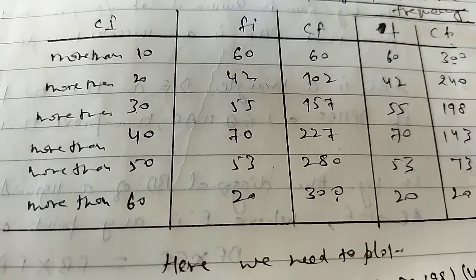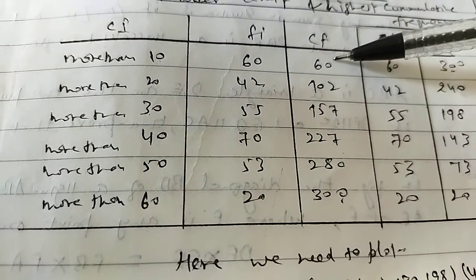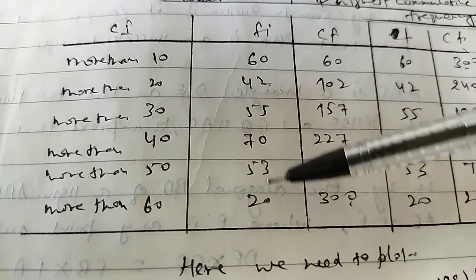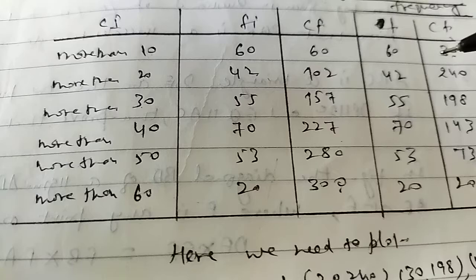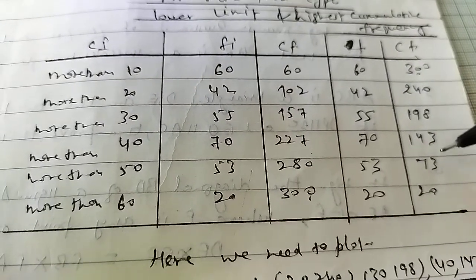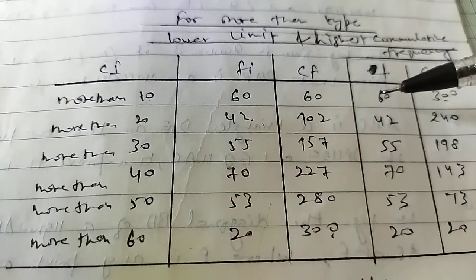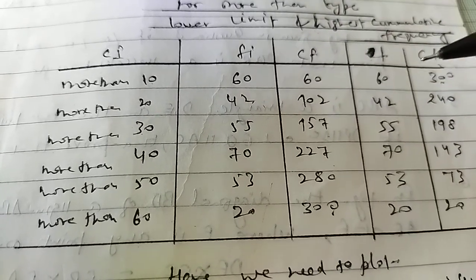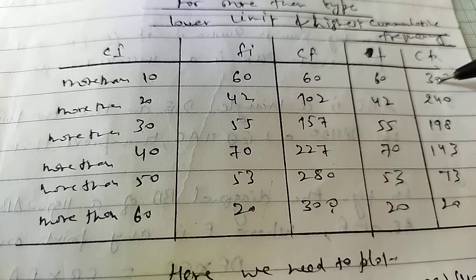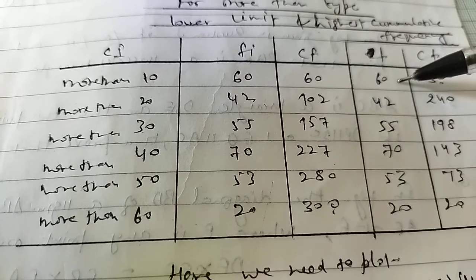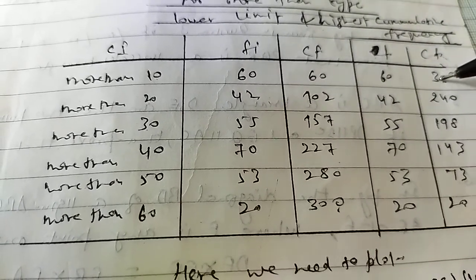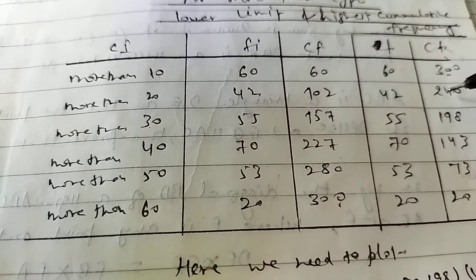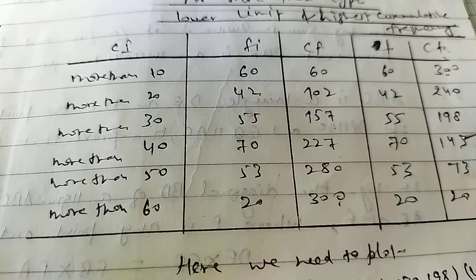Once you have calculated the cumulative frequency, I have once again written the same frequencies over there. To write this cumulative frequency in descending order, this procedure you need to follow. Write down the highest cumulative frequency first, then keep on subtracting the normal frequencies simultaneously. 300 minus 60, result here 240, minus 42, and so on.